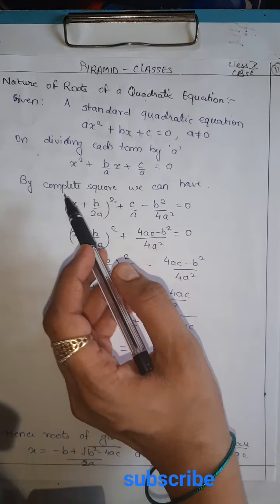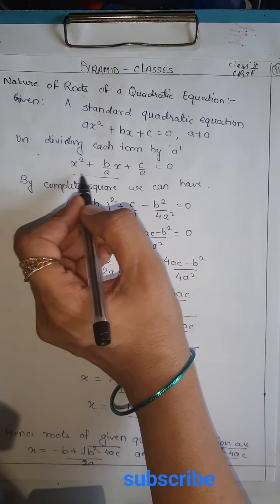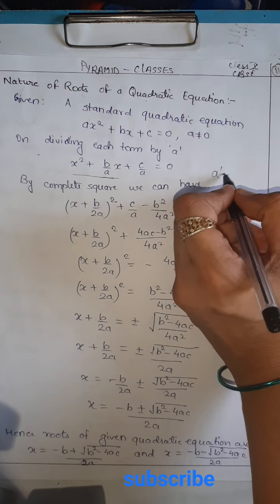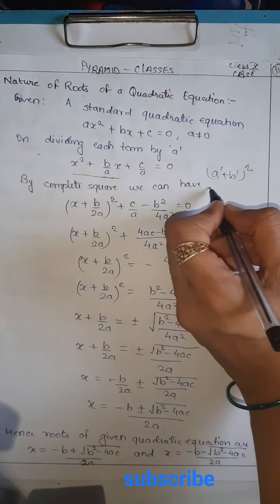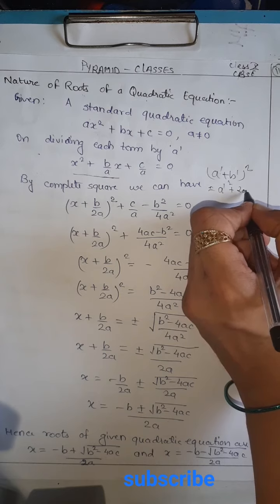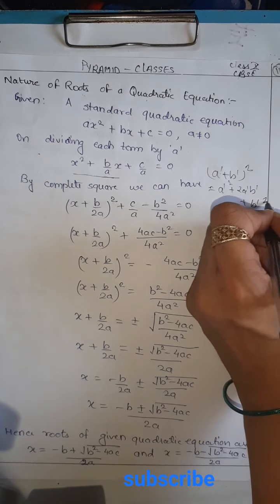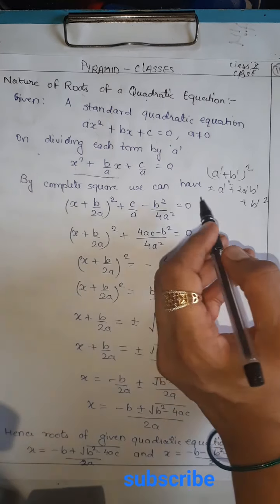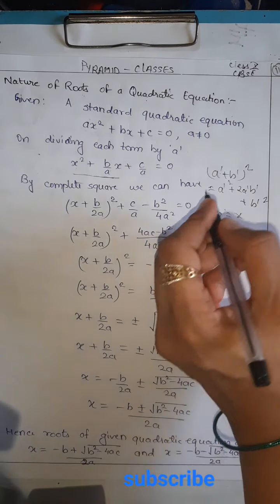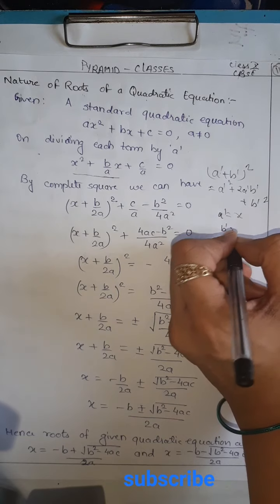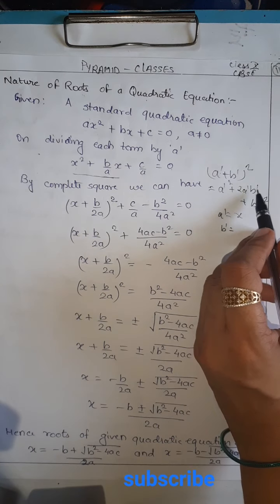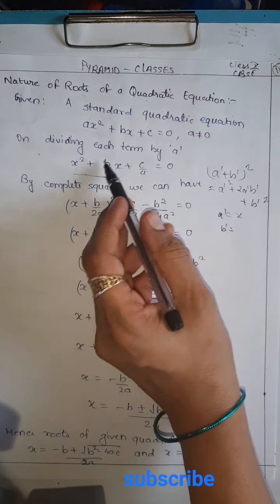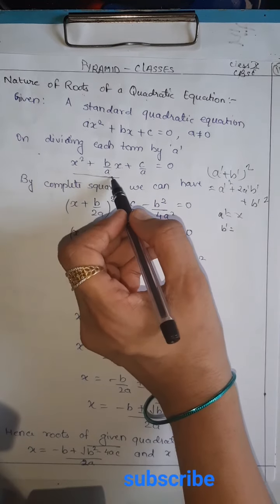By the complete square technique, we compare x square plus 2a'b' with (a' plus b') whole square, which is equal to a' square plus 2a'b' plus b' square. Here a' square is x square, that means a' is equal to x. And 2a'b' is equal to b by a x, and a' is already x, so 2b' will be b by a.